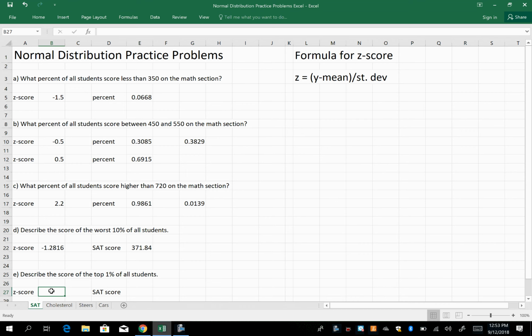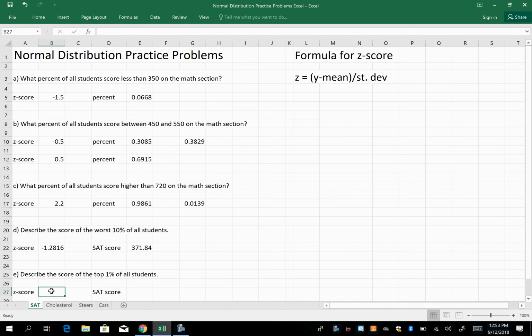Guys, what is the only direction that Excel can calculate? To the left. So if we have 1% to the right of our z-score, so 0.01, how much is to the left of that z-score? 99%.